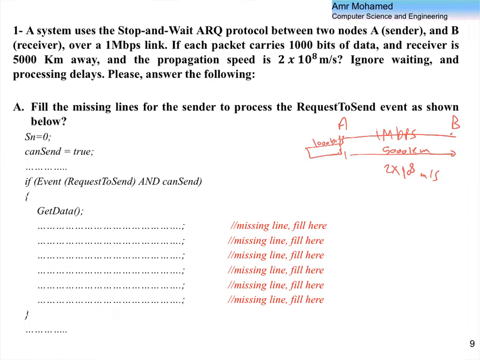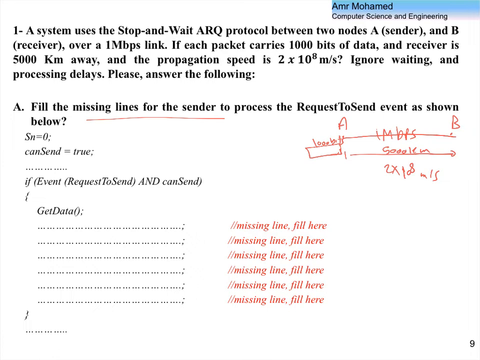For the first part, however, we are requested to fill the missing lines for the sender to process an event. Okay? How many events does the sender need to handle? Two. Bravo. The request to send and arrival notification from the receiver. For stop and wait, we need to accommodate acknowledgement. Why?